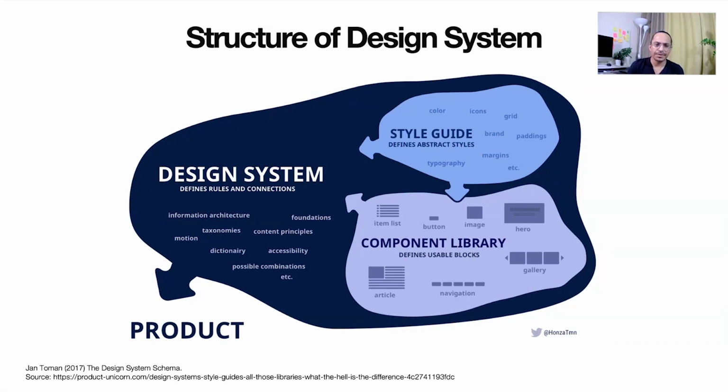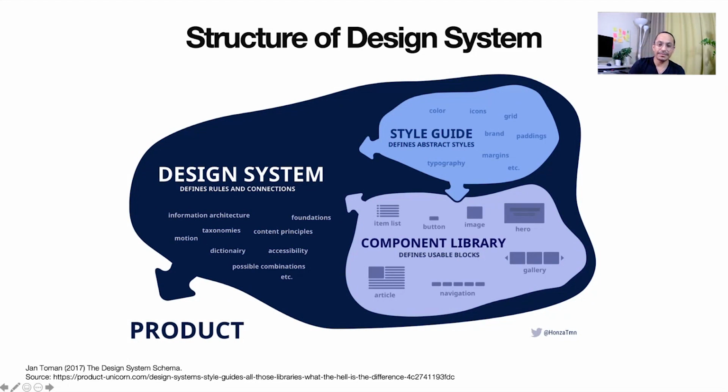Here you see we have the style guide: colors, icons, grid, brand, padding, margin, typography, etc. And also the components. This could be the different blocks, right? Item list, buttons, images, hero image, gallery, navigation, article. These are basically the components that you reuse, right?